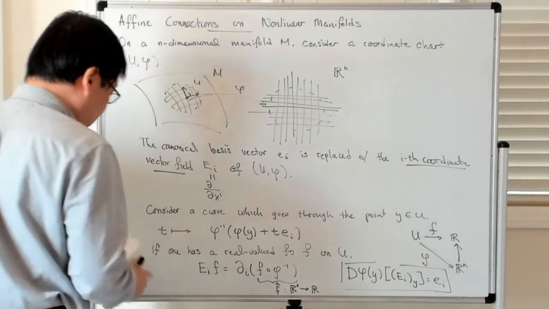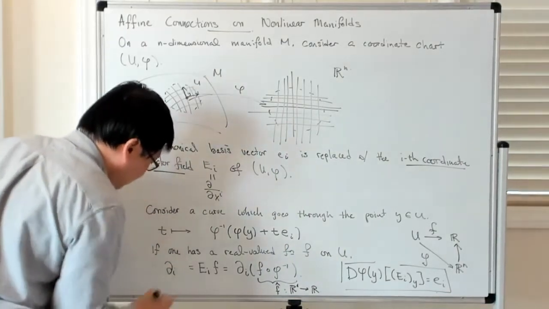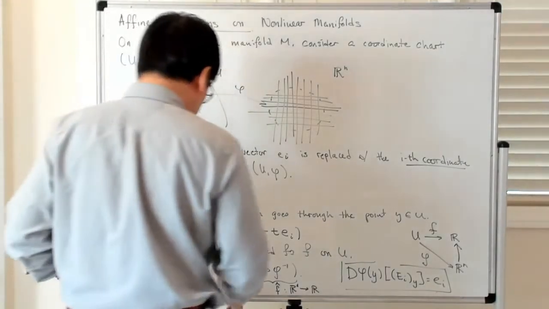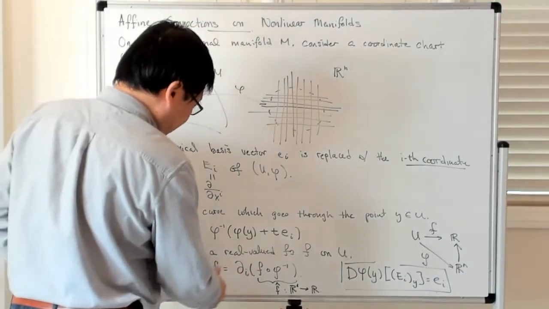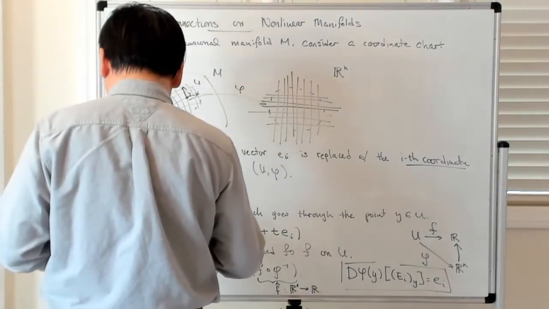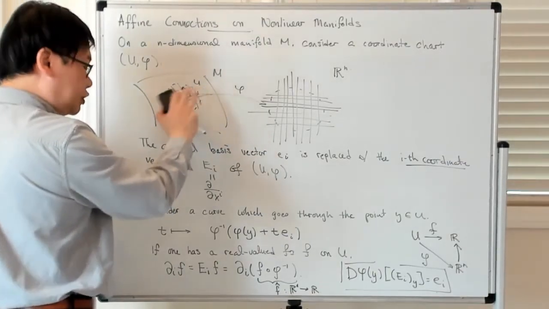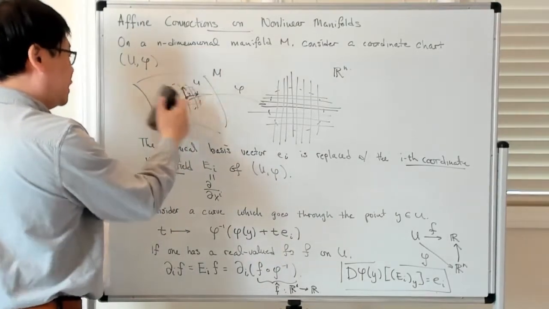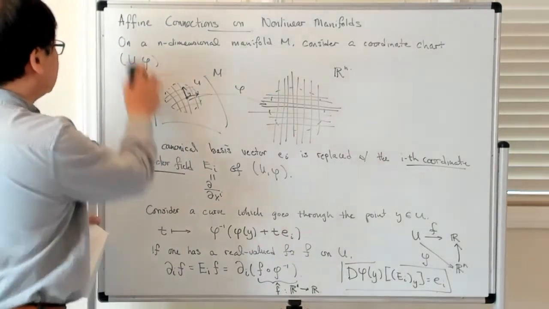Sometimes I will write this, with a slight abuse of notation, as partial_i of f, where we think of big E_i as being essentially like little e_i. In any case, once you have a basis for the tangent space at every point in U, we can expand any vector with respect to this vector field E_i pointwise.